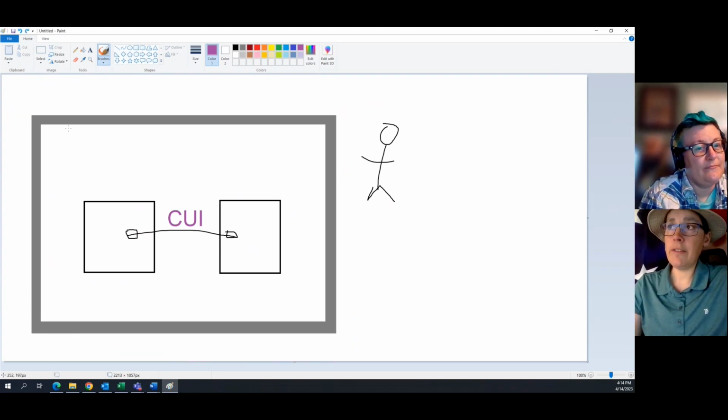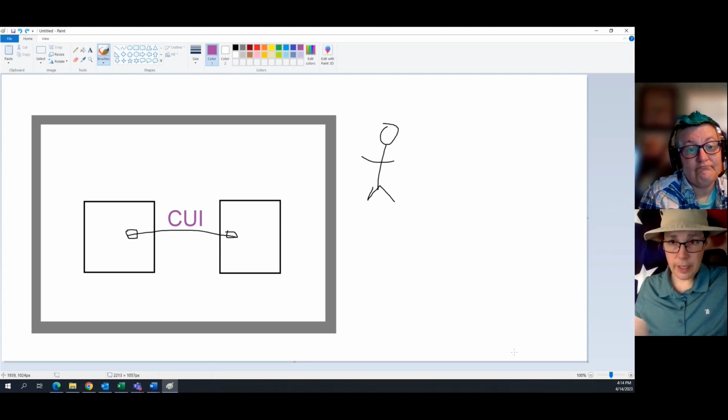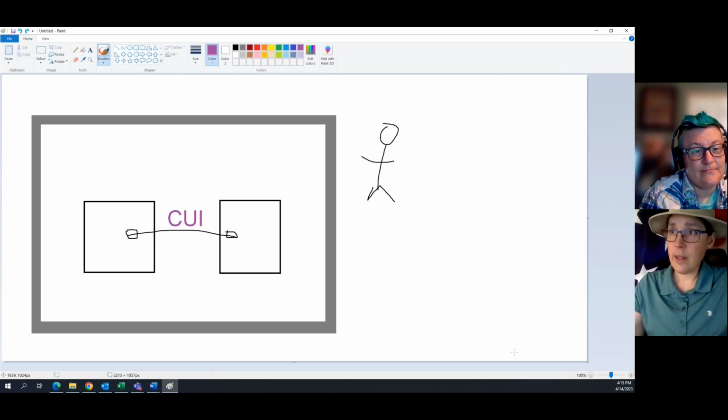And fun little fact, this is actually how most military facilities protected their CUI 10 years ago, 20 years ago. They just had their networks inside of a super secure building, and all the stuff inside the network was unencrypted, not FIPS at all.